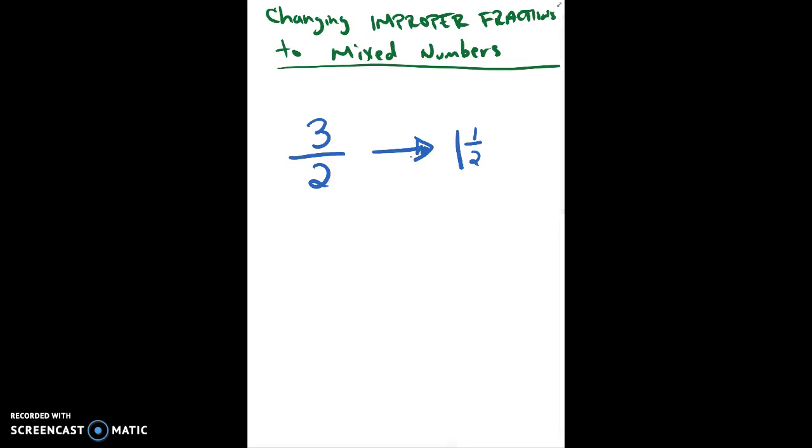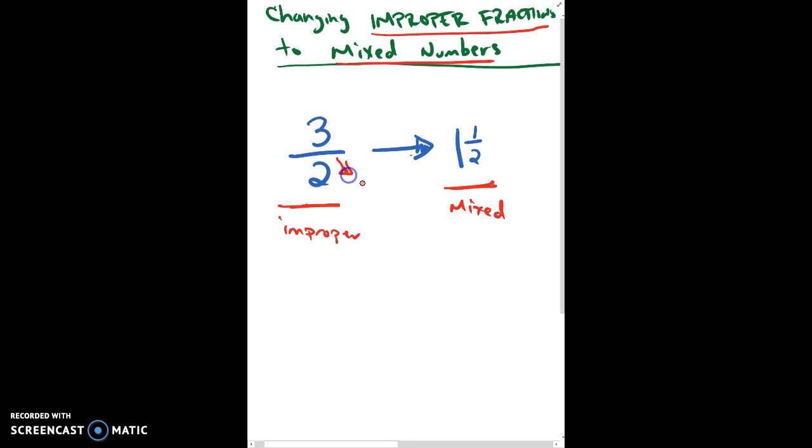Earlier I mentioned that it is possible to change improper fractions into mixed numbers, or changing a fraction that looks like this, an improper fraction, into a mixed number, a fraction that looks just like this. Okay, so how do we do it? Remember when I told you to keep in mind that this fraction bar actually means divided by?